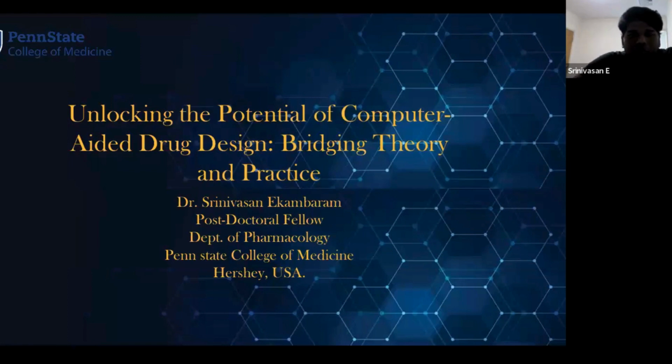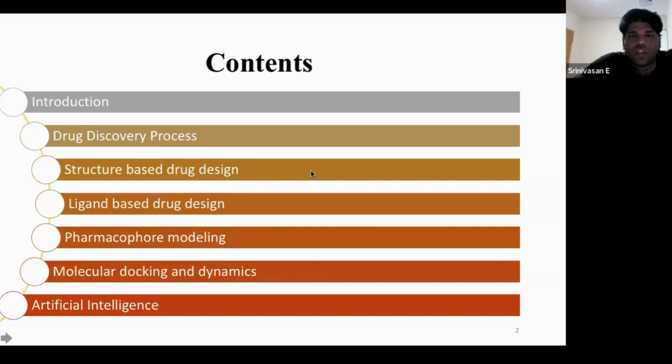Today's topic will be unlocking the potential of computer-aided drug design, bridging theory and practice. Before moving into the introduction, I'd like to share how the presentation is going to be. Initially, I'll talk about the introduction, then give a brief view on the drug discovery process, how it happens and what the processes behind it are. Then I'll explain structure-based drug design and give a small introduction to ligand-based drug design and how it is helpful.